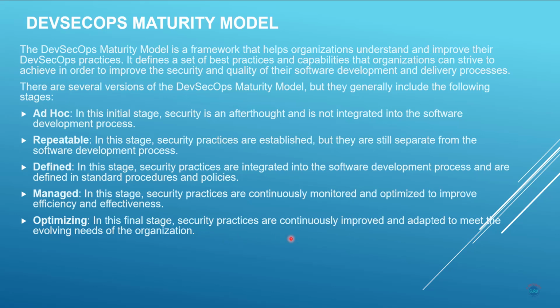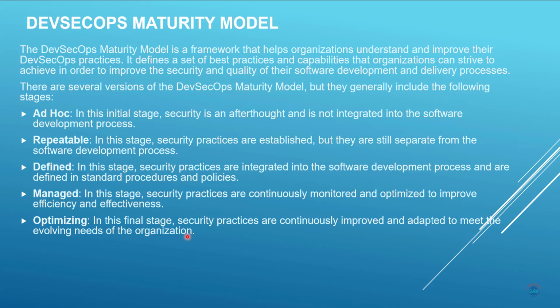Now, for example, suppose there is a DAST tool that you are using for identifying security vulnerabilities in a web application for performing DAST scan, but it's not producing good results. In that case, you will try to find a better DAST solution, and this will be your optimizing stage, where you are trying to improve the security practices.